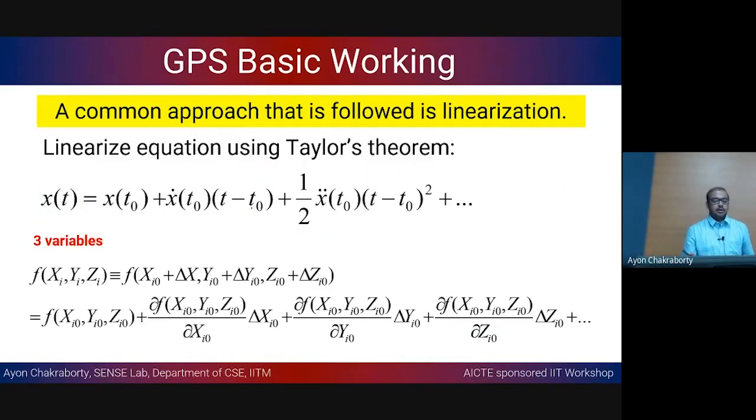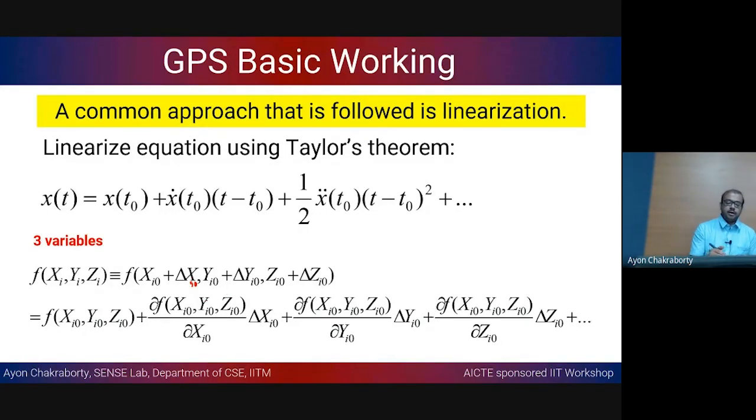Now, if we have three variables, of course we do not have just a single variable t, but we will have xi, yi and zi, and you might even have four terms where you have a time, so ti might also be there. How you express xi is basically xi naught plus delta x, which is the delta that was produced from the previous range or previous location xi naught.